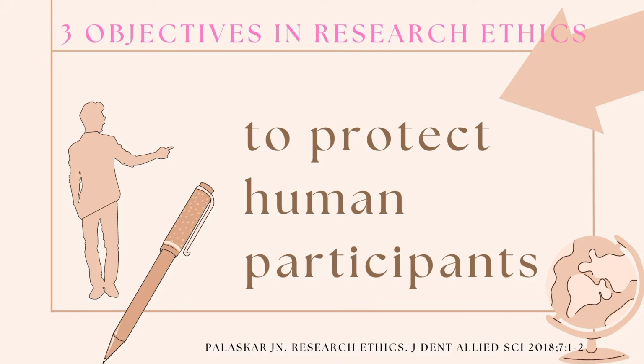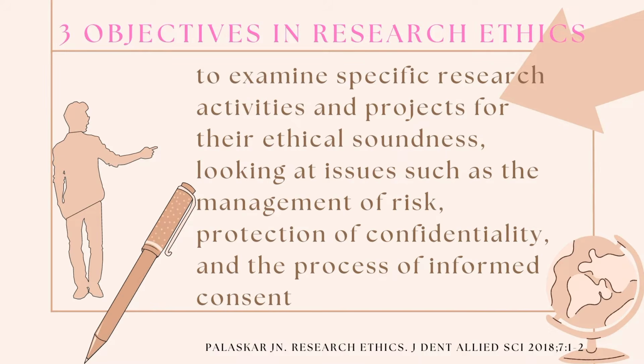Now, to continue, there are 3 important objectives in research ethics. This is in reference to J.N. Palascar in 2018. So, 1 is to protect human participants. Second is to examine specific research activities and projects for their ethical soundness, looking at issues such as the management of risk, protection of confidentiality, and the process of informed consent.